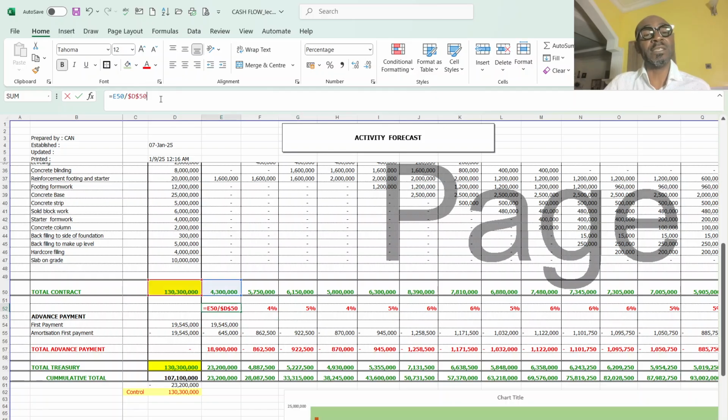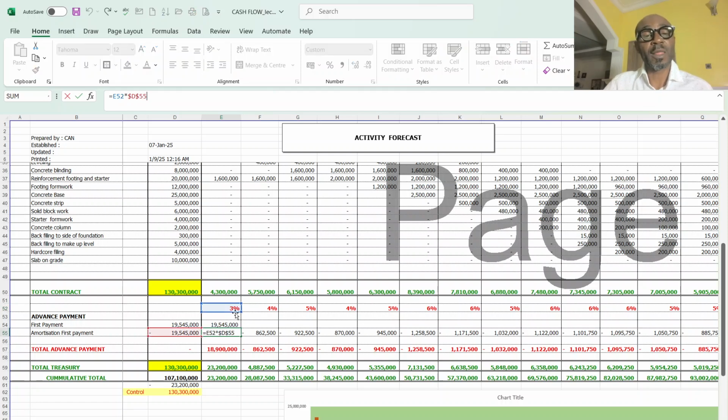I divided the amount that I worked for, that I'm invoicing, by the total contract value. It gives me 3%, which means I am going to amortize 3% of the advance payment to the client, and that is what you see.